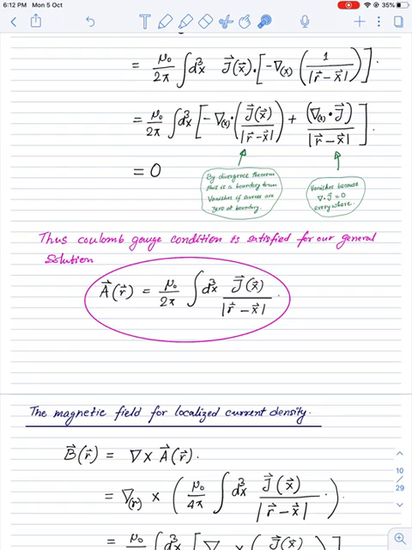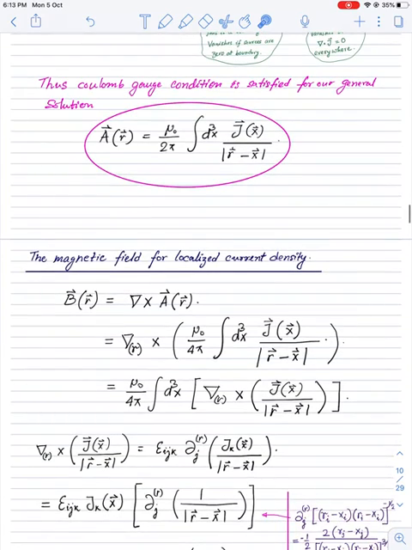So now, therefore, our magnetostatic problem is solved for any localized current configuration, and this is the vector field corresponding to any localized current configuration, and the corresponding magnetic field is simply given by the curl of this A.